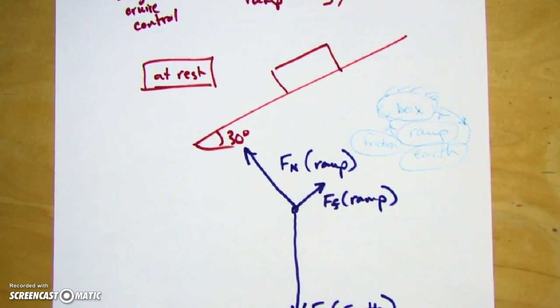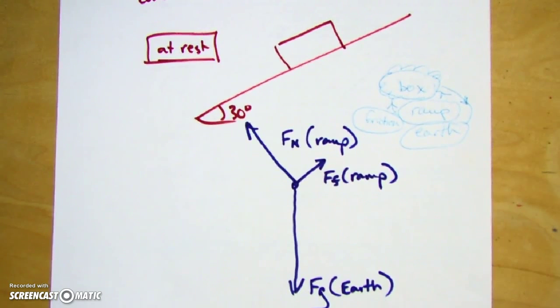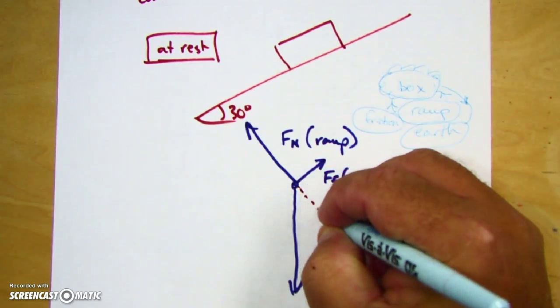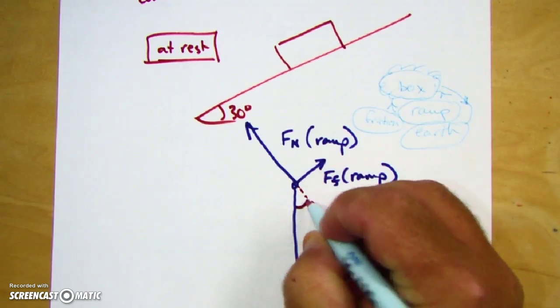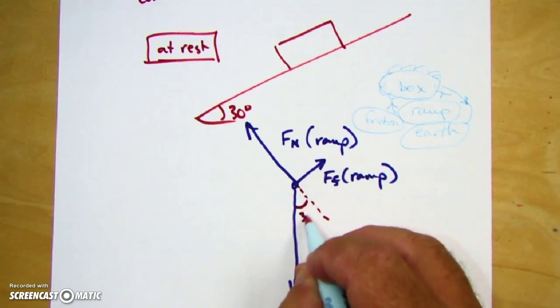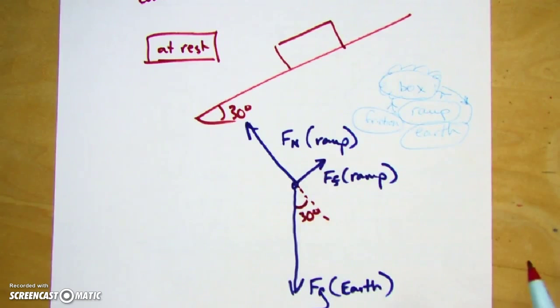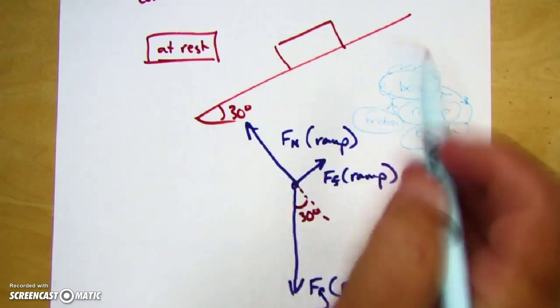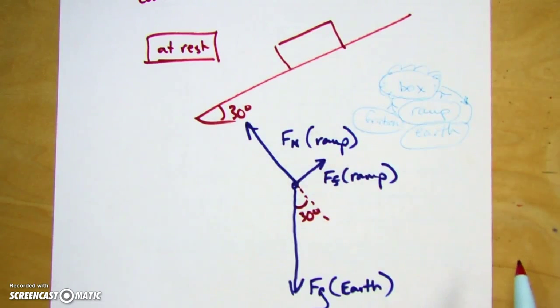Now, here's the neat thing that comes out of this: this angle right here turns out to be 30 degrees. It's based on congruent angles and geometry stuff from years ago. But that angle actually turns out to be 30 degrees.